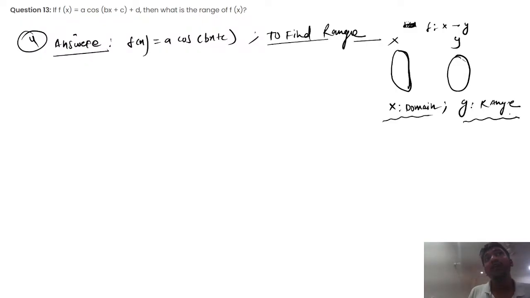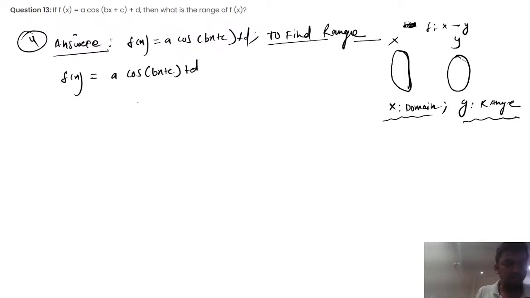In this case, what is f of x? a cos bx plus c plus d, I think plus d also. And for this function, we have to find the range. So shall we proceed? f of x is a cos bx plus c plus d.